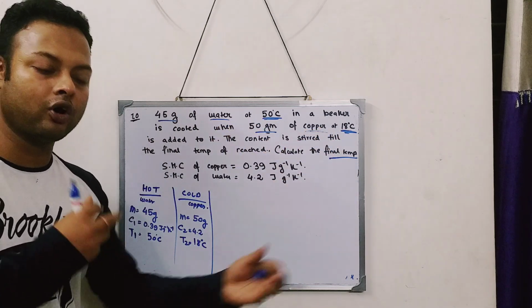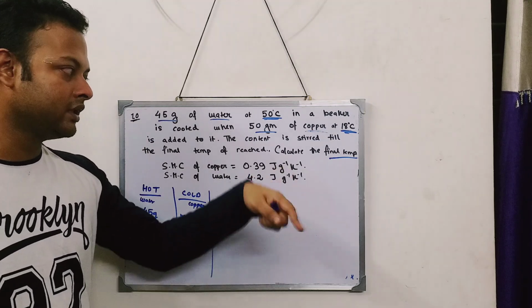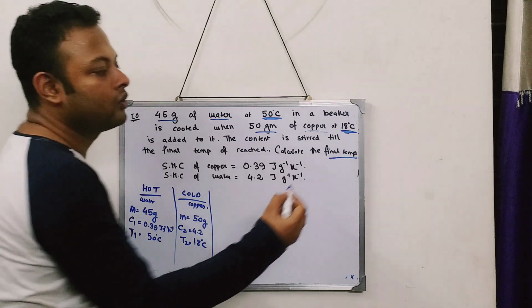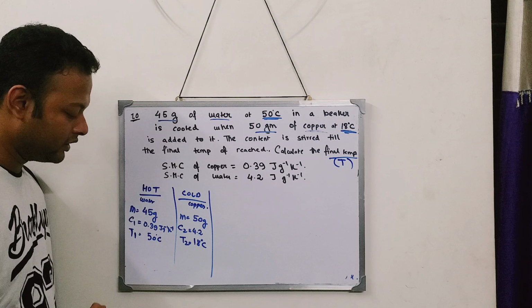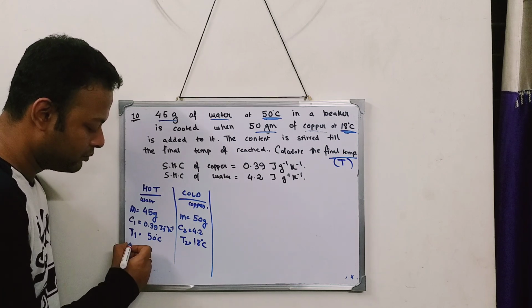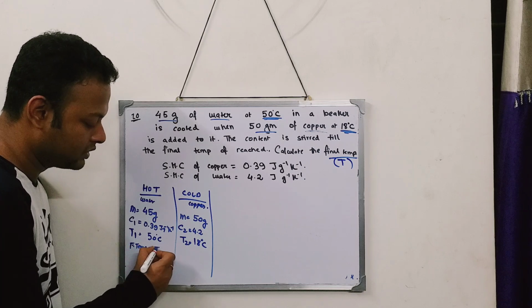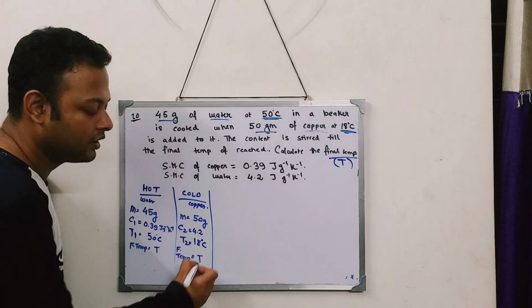When you add them and stir, you get a final temperature. The final temperature you don't know, so let's consider it as T. Over here also the final temperature you consider as T.